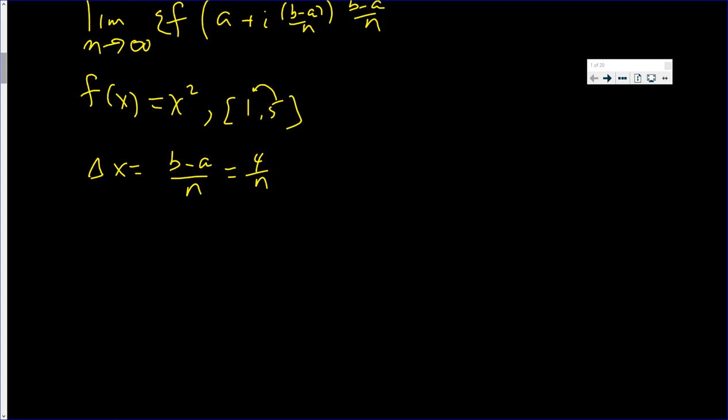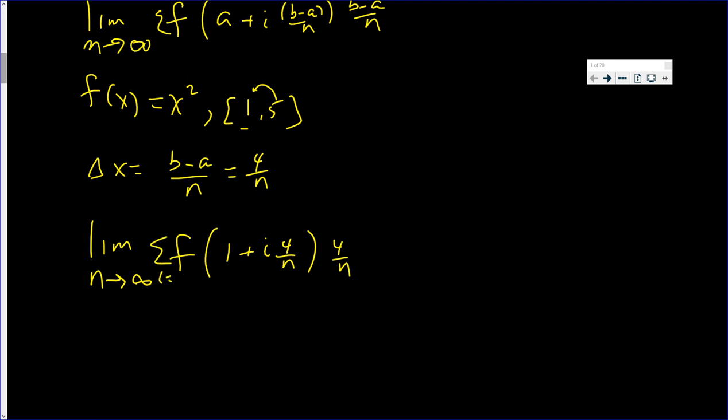And a is 1. So it's the limit as n goes to infinity of f of a, which is 1, plus i times delta x, which is 4 over n, times delta x, which is 4 over n. Excuse me, the summation as i goes from 1 to n, not infinity. I'll fix that.